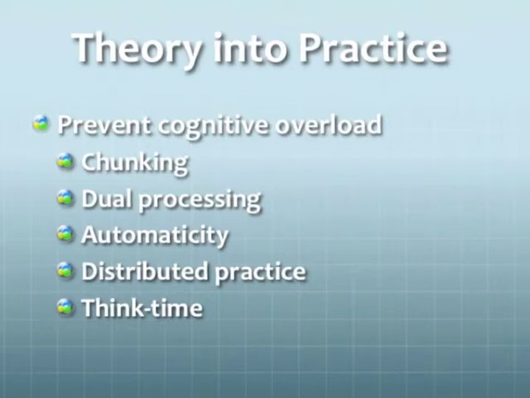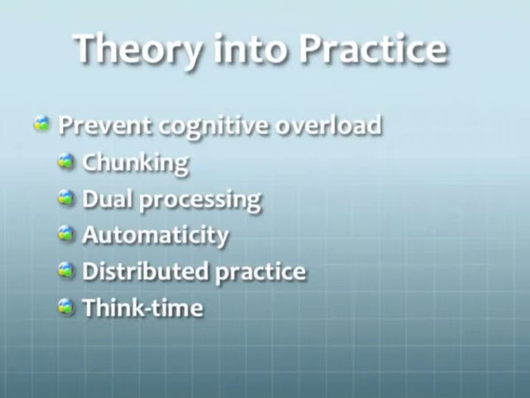So some ways that you can prevent cognitive overload, which is putting too much information into the working memory to be processed at one time or expecting it to last for a long time, are chunking, dual processing, automaticity, distributed practice, and think time.